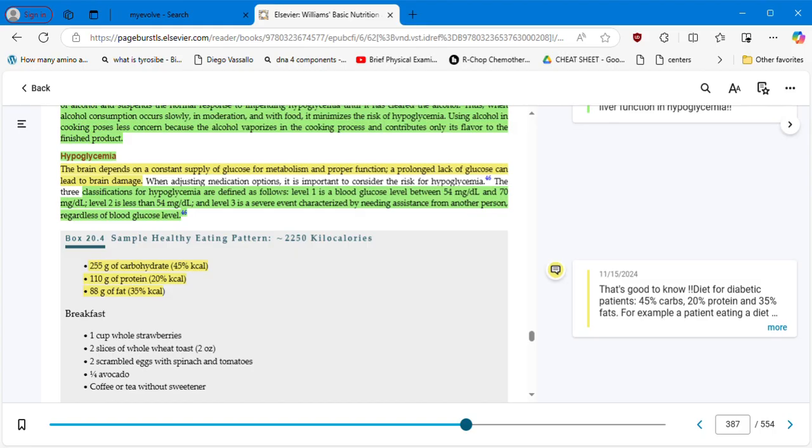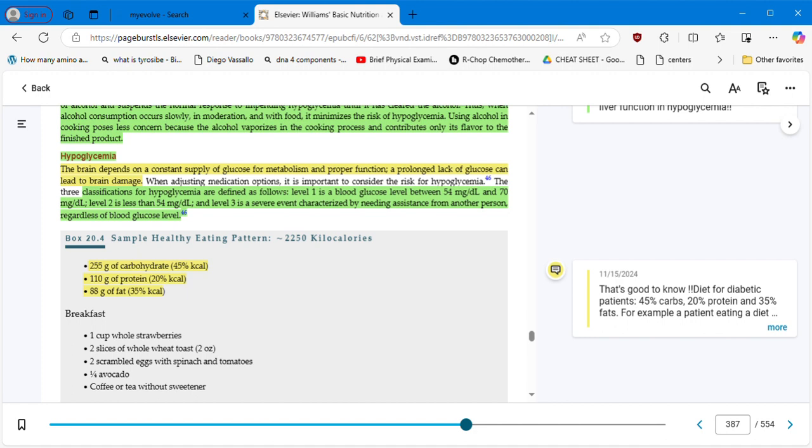Okay, box 20.4, sample healthy eating pattern. For example, if a patient is going to have a diet of 2,250 kilocalories, 45% of that is going to be carbohydrates, 20% is going to be protein, like 110 grams of protein, and 35% is going to be fat, like 88 grams of fat.